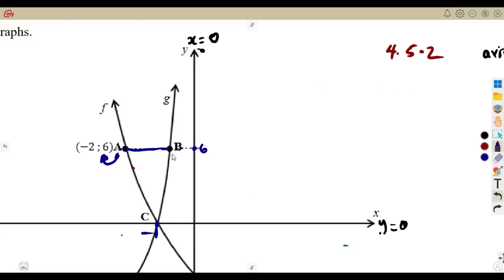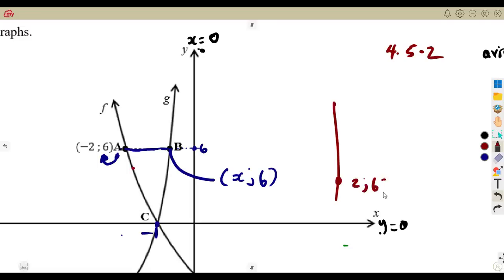So also at point B there, what we do not know is x, but what we know is that y is not going to change. Y is going to remain as 6. That is the idea of a horizontal line. Y is the same. If you consider a vertical line, it is the x value which is the same.